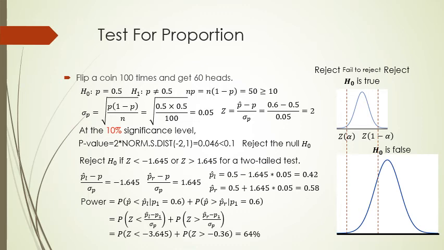The area to the right of the right dashed line corresponds to the second term, P(z greater than 0.36), which is closer to 64%. The sum of these two is the power of the test, still 64%.